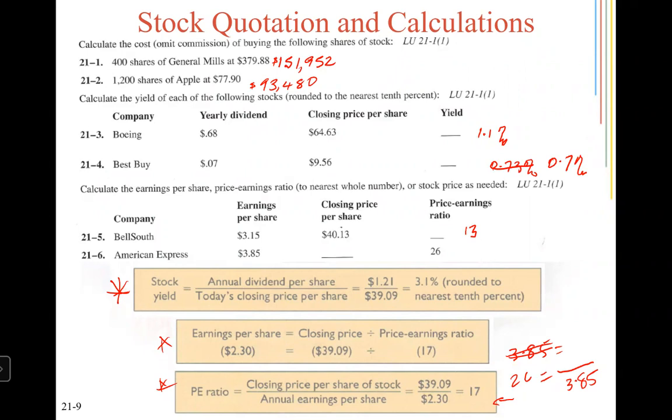And we know the annual earnings per share is $3.85. So we need to find the closing price per share. So let's call this X. So 26 equals X over 3.85. So how can we find X?